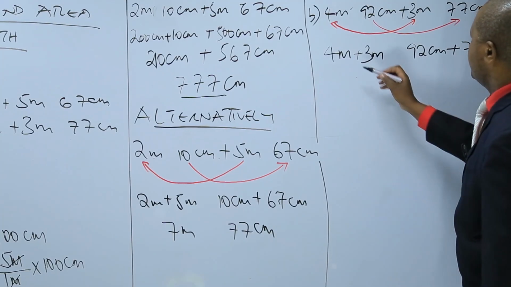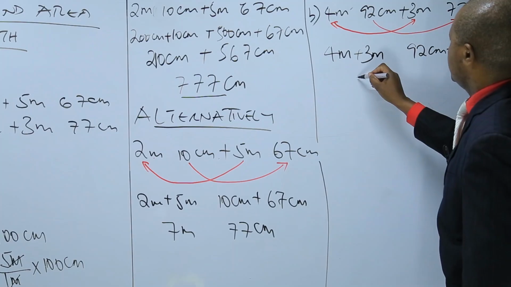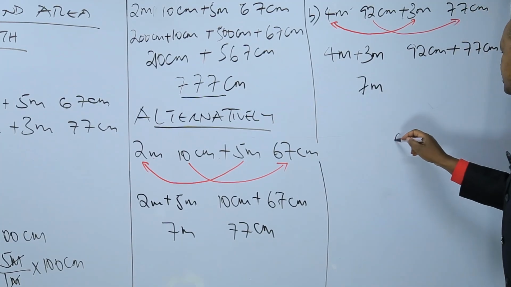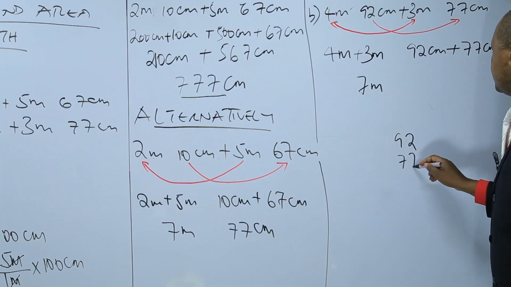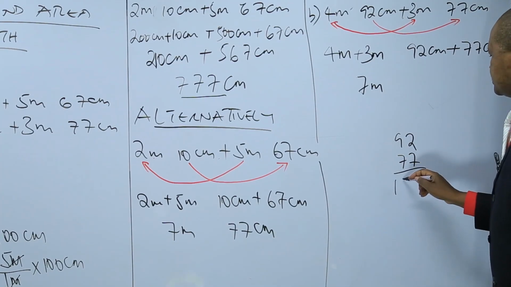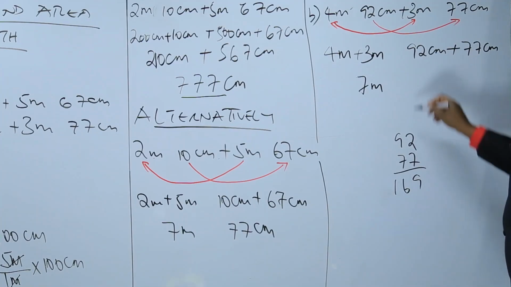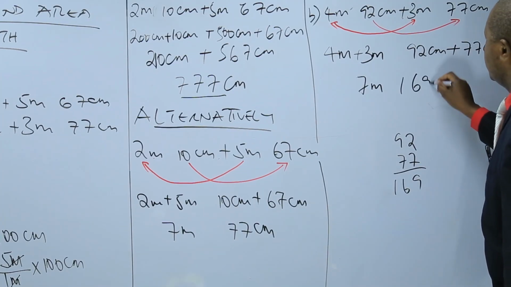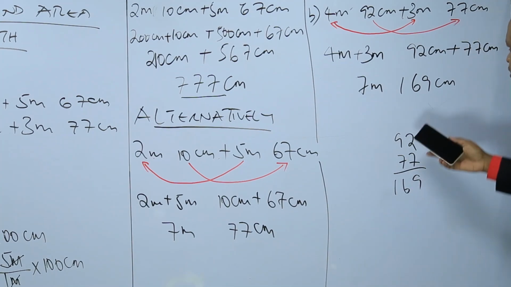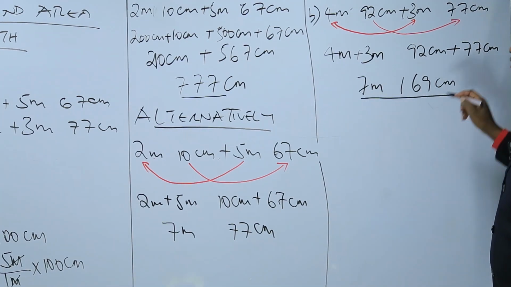So 4 meters plus 3 meters is equal to 7 meters. Then 92 plus 77, we have 9 and 16. This will be 169 centimeters. So that is the answer.